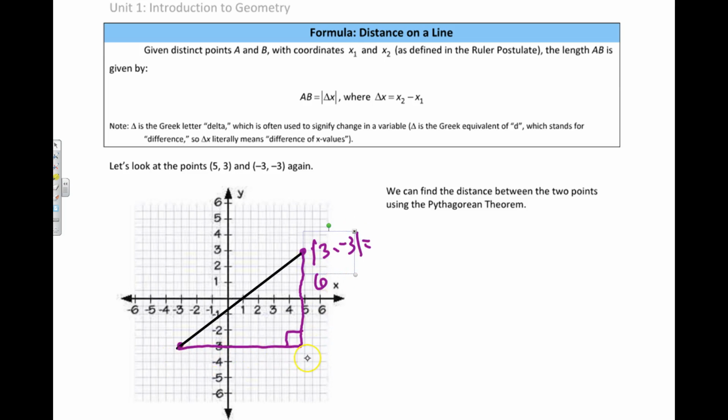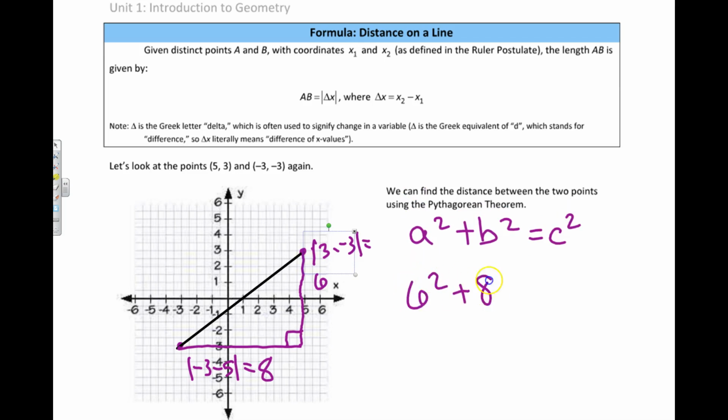And then my horizontal length around here goes between -3 and 5. So is the absolute value of the difference of -3 minus 5, which really is 8. So whenever we have a right triangle, we can solve for the hypotenuse using Pythagorean theorem, using my a squared plus b squared equals c squared. And we just found that a and b is 6 and 8.